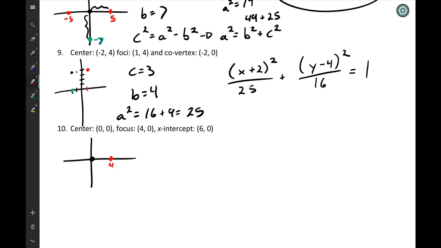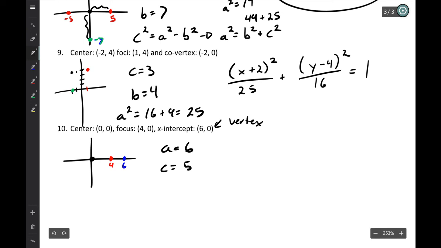And then it says there's an x-intercept at 6, 0. So it goes through there. Well, if the focus and x-intercept are in the same line, that means this x-intercept actually has to be the vertex. So if I have the vertex and I have the focus, I have my A and C values respectively. A is 6, C is equal to, not 5, 4.